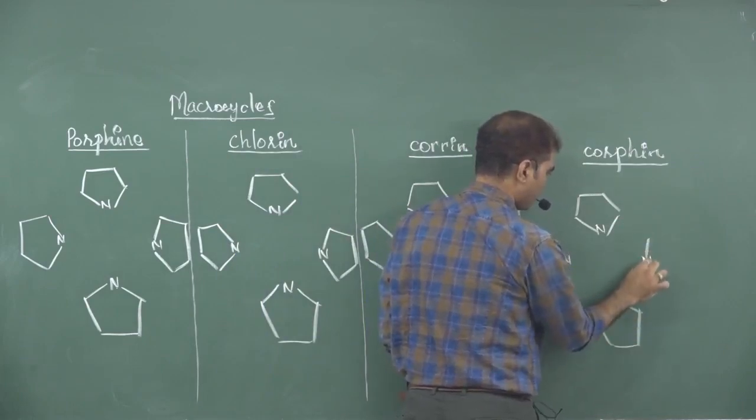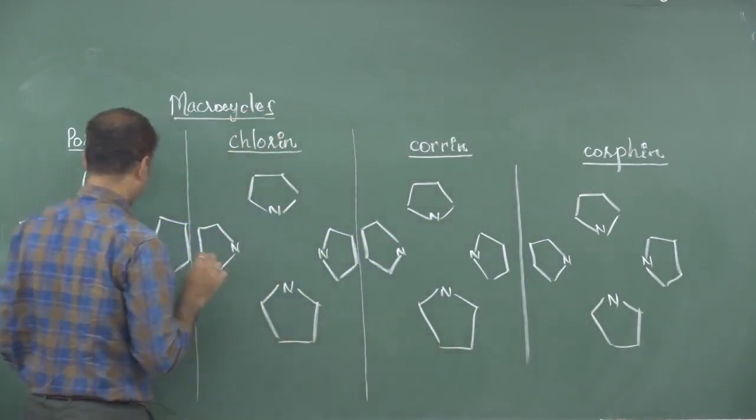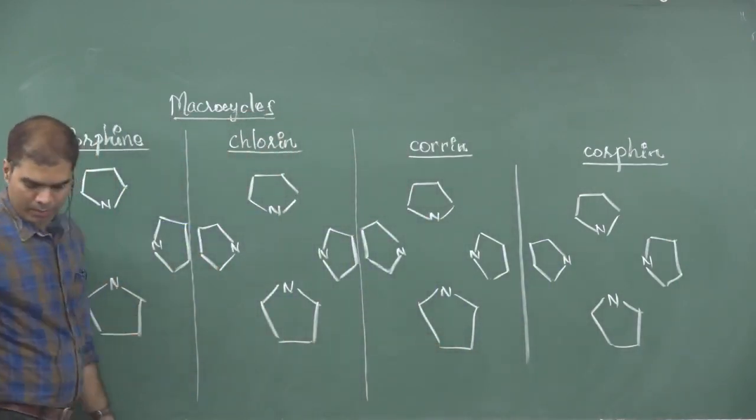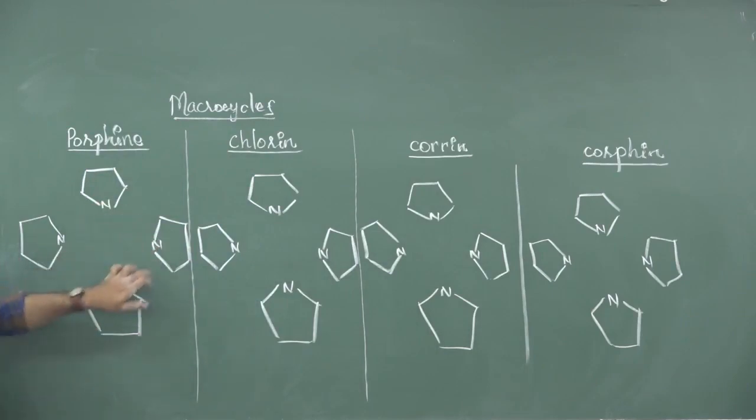You may follow this, or if you have any other easy method you can follow. First just draw four five-membered rings, spiral rings. For all of these macrocycles, altogether four five-membered rings. I am drawing it like a square plane relation between the four nitrogens.